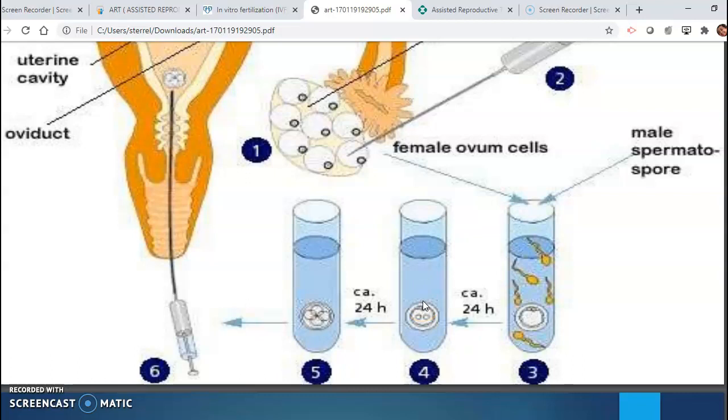After 2 to 5 days it can be kept in the lab, so that the single cell divides into 2, then into 4 to 8, likewise, and once it is ready, some of the embryos are kept in liquid nitrogen for future use, and most probably one is placed at a time, so that multiple pregnancy can be avoided. So that's all for today. Thank you.